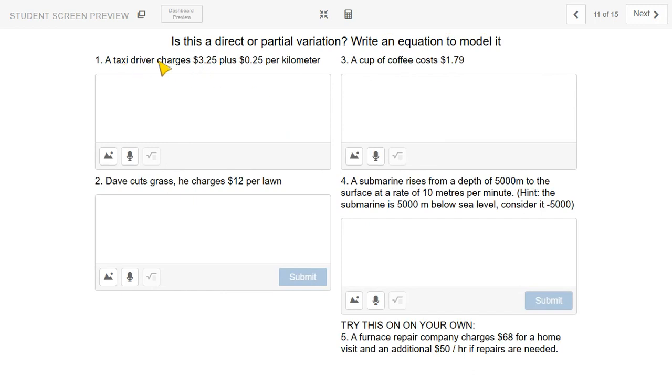So we have a taxi driver who charges $3.25 plus 25 cents per kilometer. Now, $3.25, this is the base. The fact that you've called the taxi driver, you have to pay $3.25.